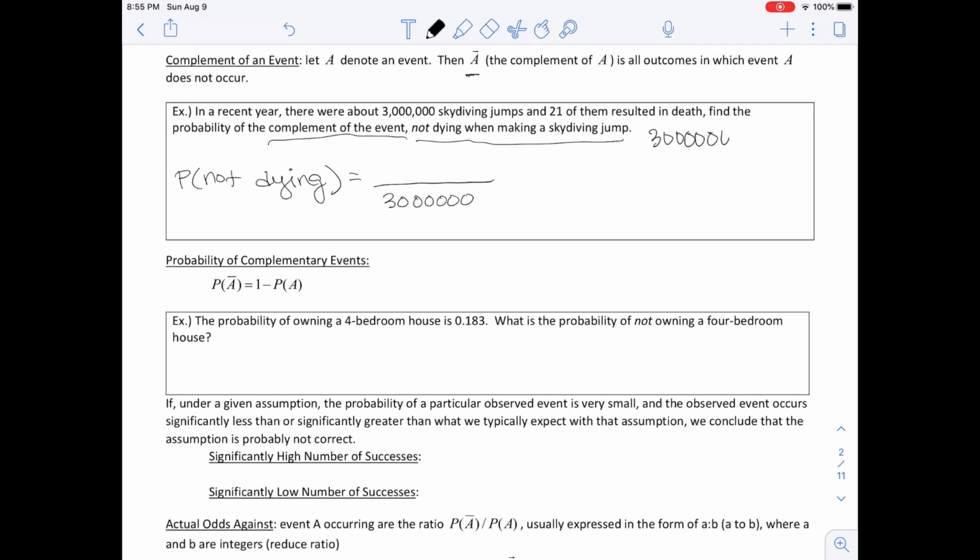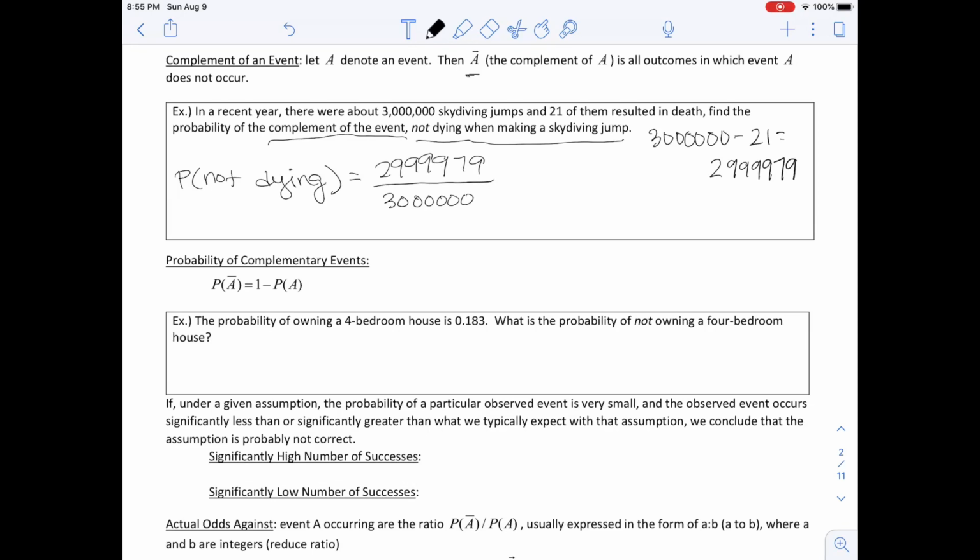To get that value, we're going to take our 3 million and subtract 21, the number of people that did die, and we will get 2,999,979 people that did not die.